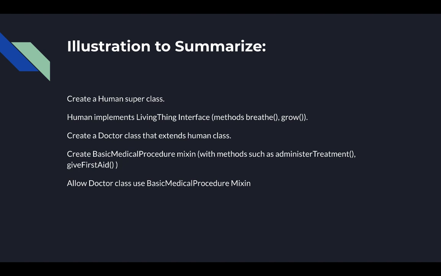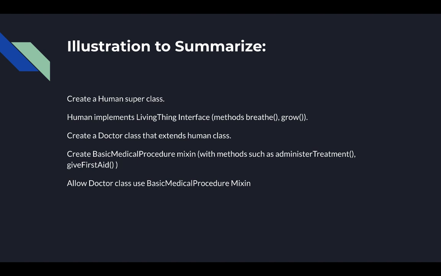So create a human superclass. We are going to create a human class, and I'm thinking it would be an abstract class. Maybe when we start implementation, we will know. Now, human implements living thing interface, which has methods breathe and grow.